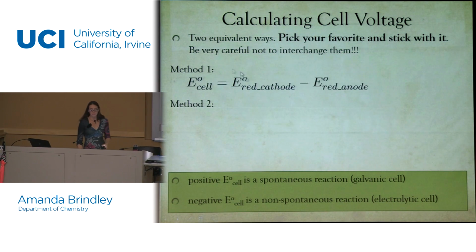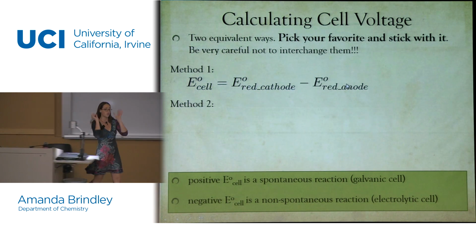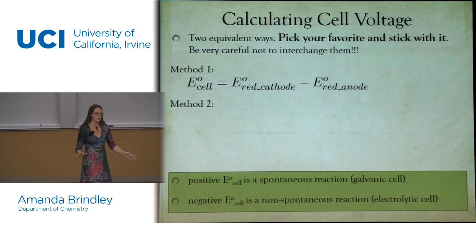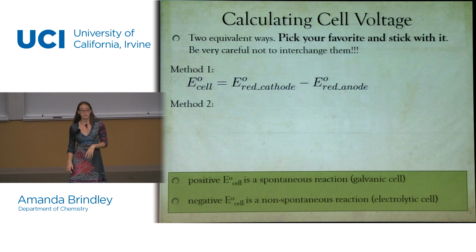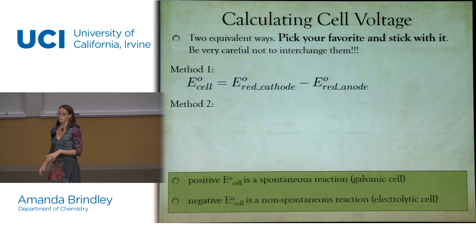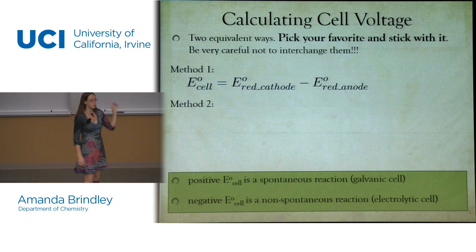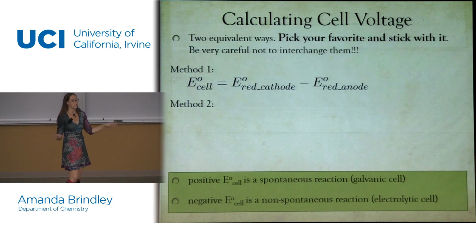So in the first case, what you do is you take the reduction potentials. You take the numbers straight off the table and you don't do anything else to them, okay? And then you do cathode minus anode. You figure out which one's your cathode, you figure out which one's your anode, you do cathode minus anode. Numbers from the table, do not adjust, do not change sign.